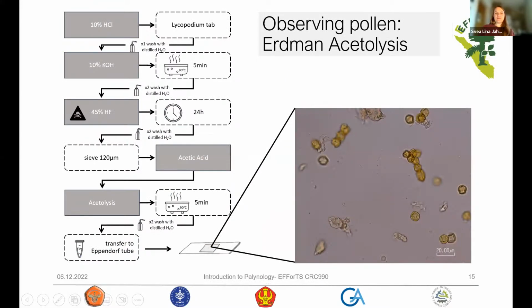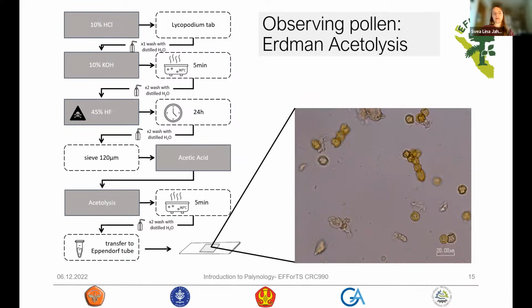So now a bit in detail about the acetolysis. Actually, this is a treatment of pollen which uses a lot of chemicals and is also quite aggressive, I would say. You basically start off with hydrochloric acid to remove all extra material that you find in your sample and to dissolve a lycopodium marker.